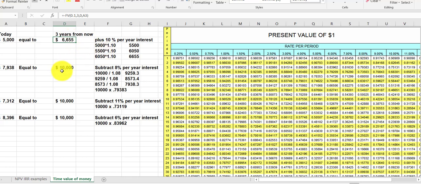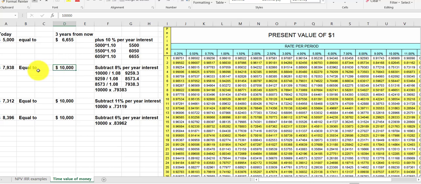Now, in accounting we're usually going the other way. We know that we're going to have a $10,000 cash flow because of this machine. We pay for it now, but it's going to bring us a future cash flow 3 years from now of $10,000.